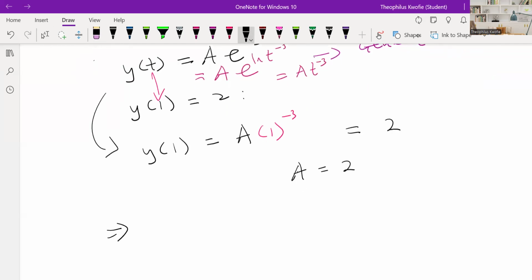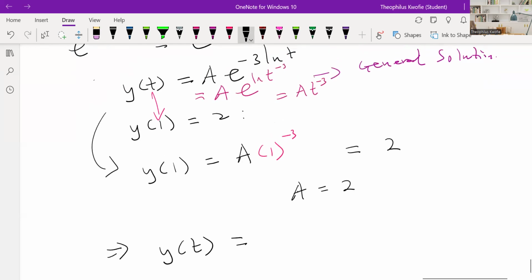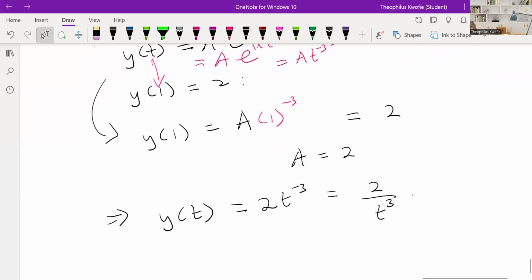So this implies that my y of t should be equal to, wherever I see a, I replace it by 2. So we have 2 t to the power minus 3, which can also be written as 2 over t cubed. That's the solution to the problem that we just saw.